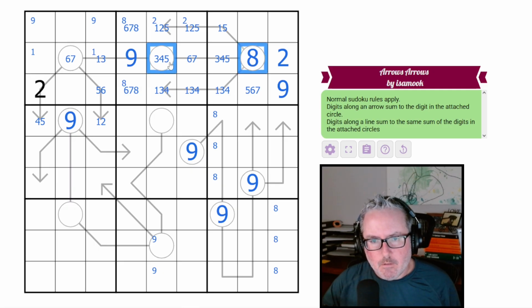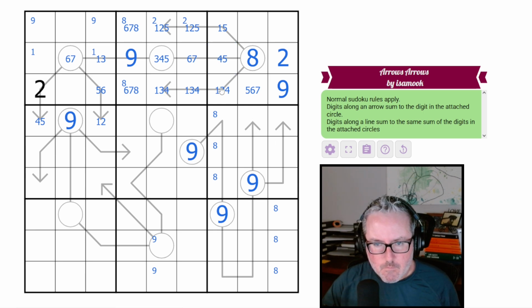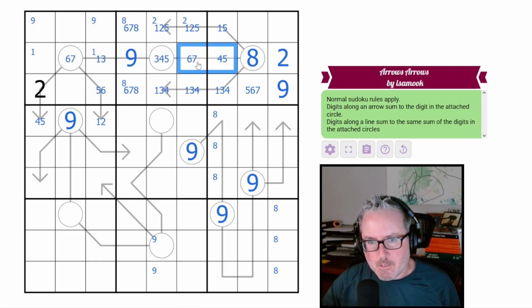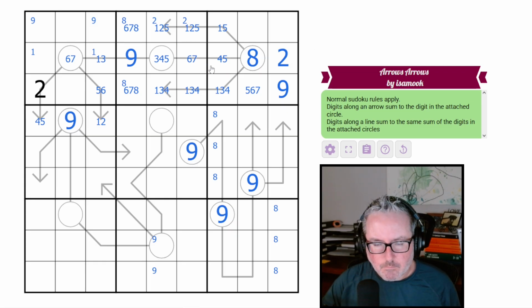Because the lowest this can ever be is 11. Which means 3 is right out. Because there's no way to make, the most you could ever make with a 3 would be 10. Can we use, no, we can't use a 5 either, can we?